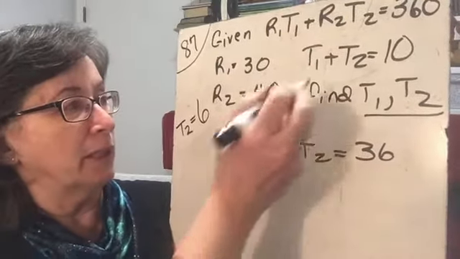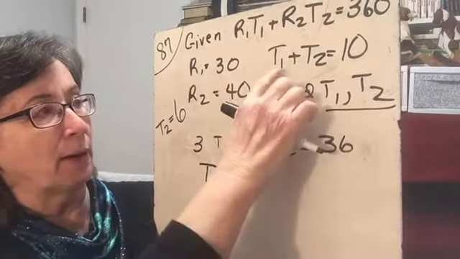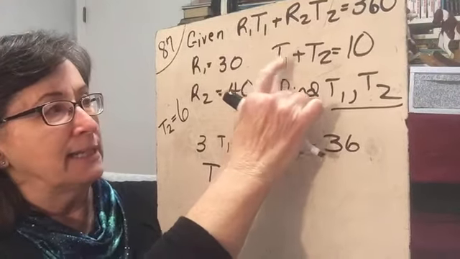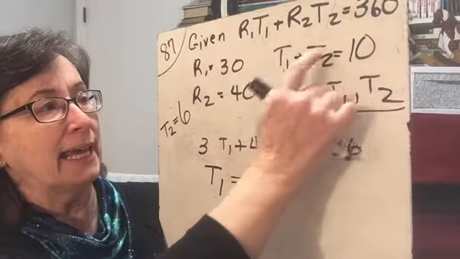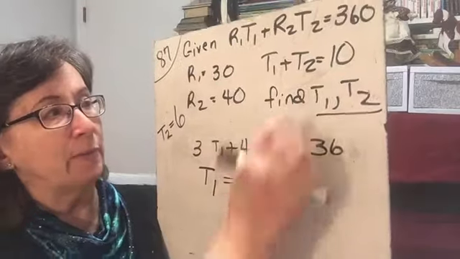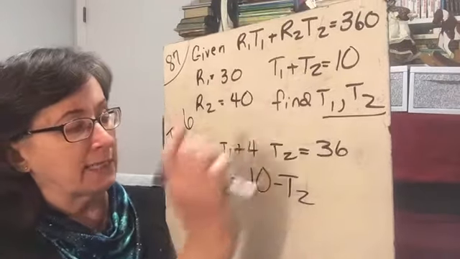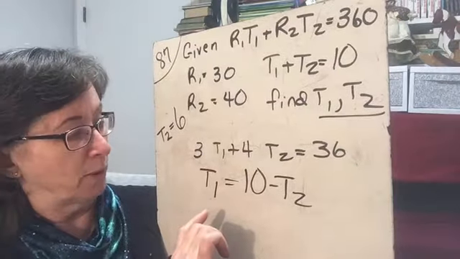And then I'm going to solve for T1 here. T1 is 10 minus T2. So I am using substitution. I'm solving for T1 by subtracting T2 on both sides of the equation.